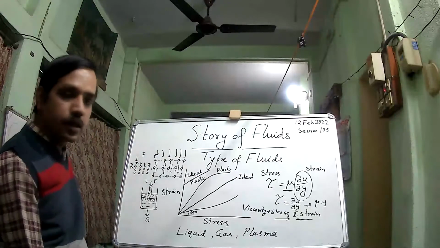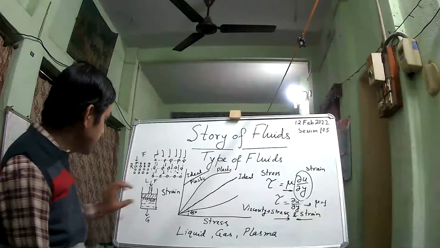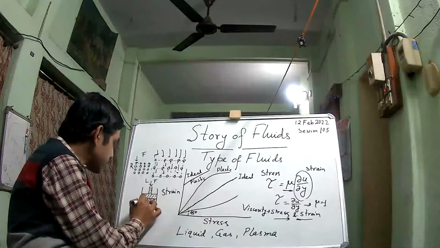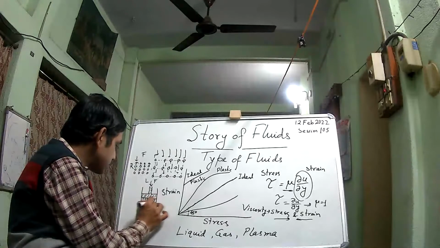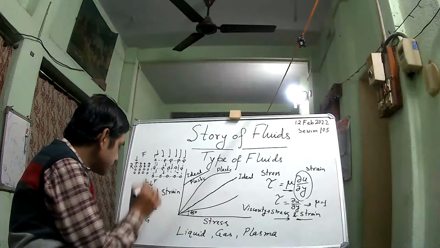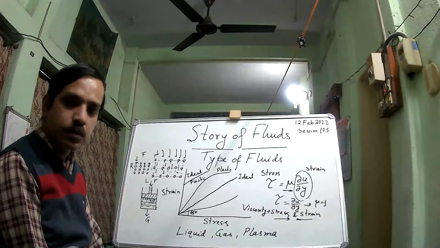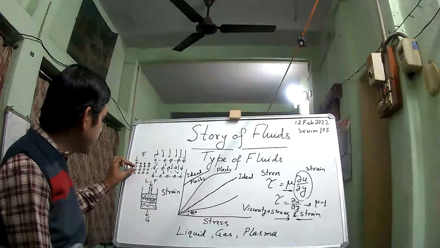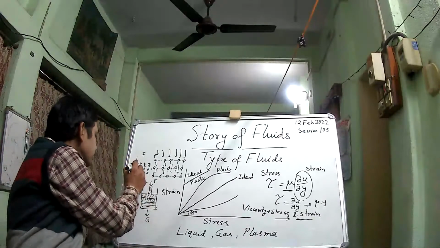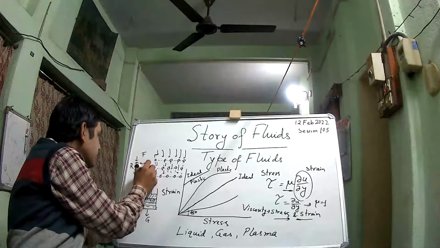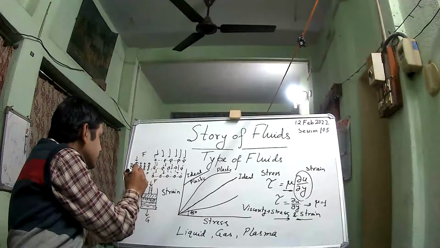So action and reaction, they can balance, and only then does the movement of this piston stop. This will happen only when the minimum energy we have starts to resist.